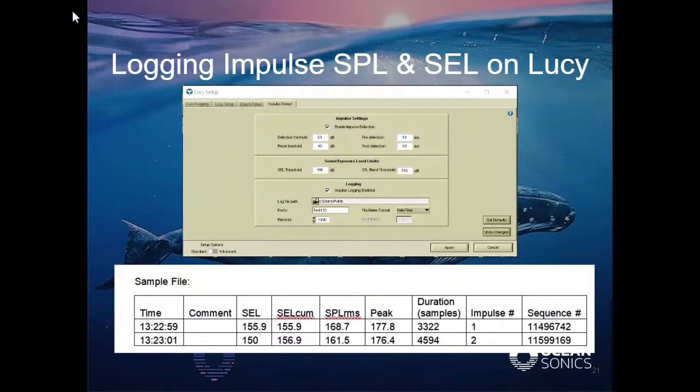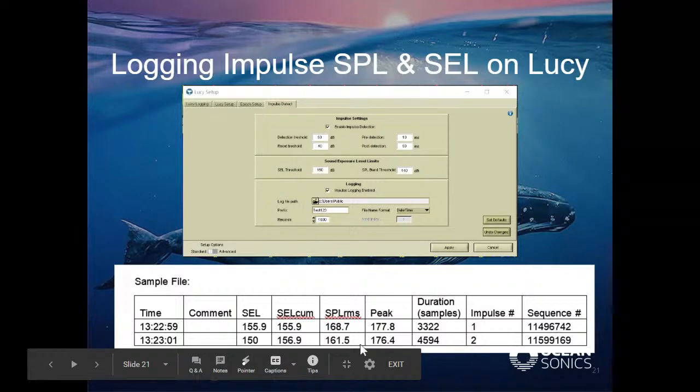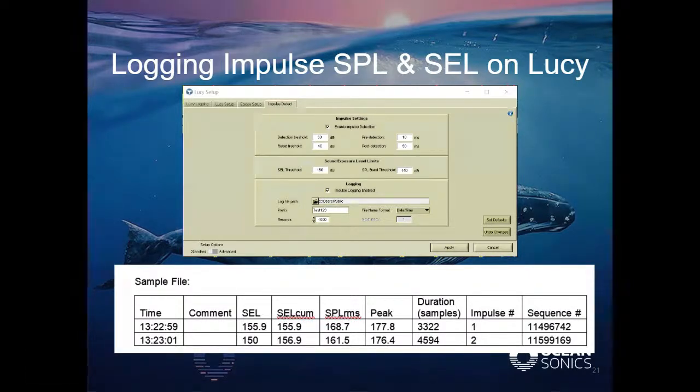So we can see these in real time, as the data is being recorded and streamed through Lucy. And we can also log these as an impulse detection file. So we log the impulses from the SPL, and we also record a continuous sound exposure level as well as a single strike sound exposure level for each strike.